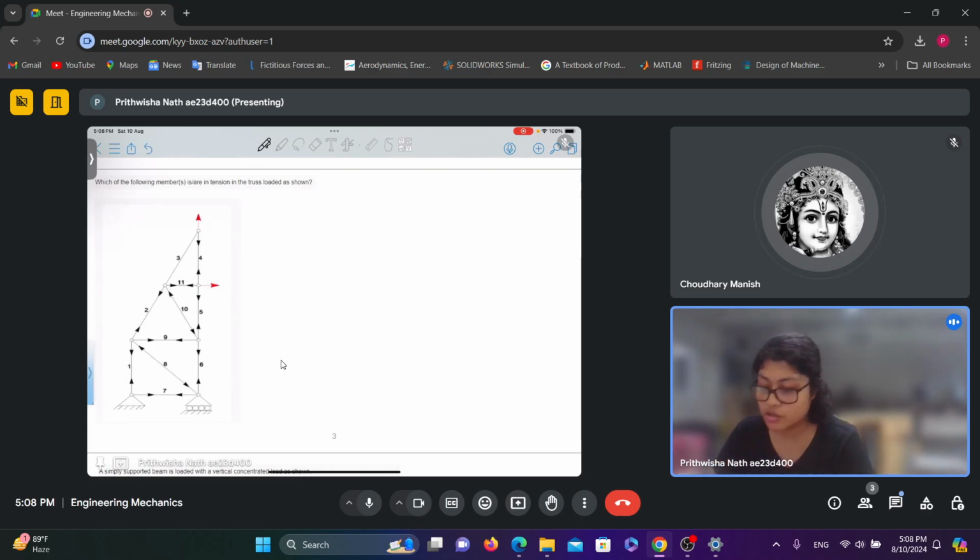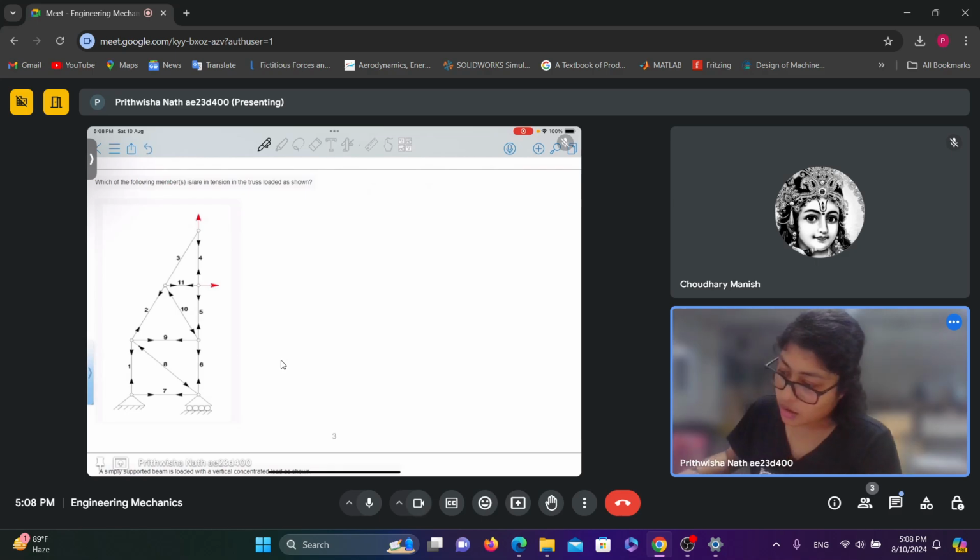Now the second question. Which of the following members is or are in tension in the truss loaded as shown? So, as we can see, there are 11 members in the given problem. So, we are asked to find the members that are in tension.